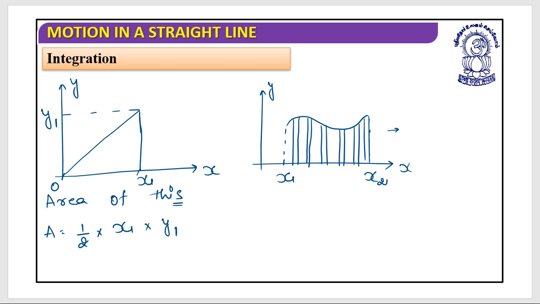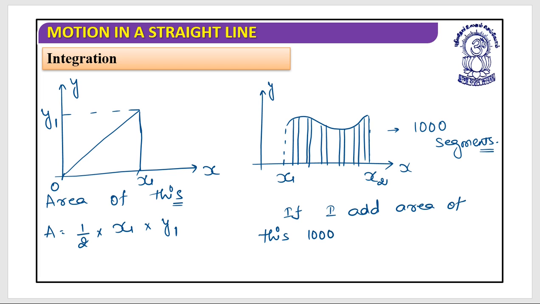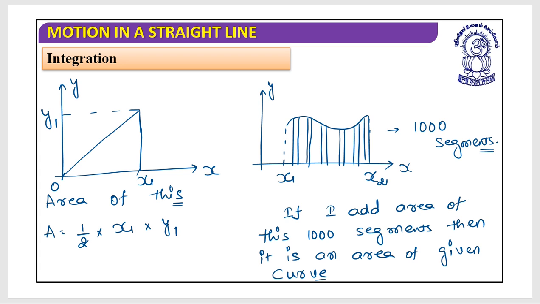Suppose I have divided this into 1,000 segments, and if I add the area of these 1,000 segments, then it is the area of the given curve.